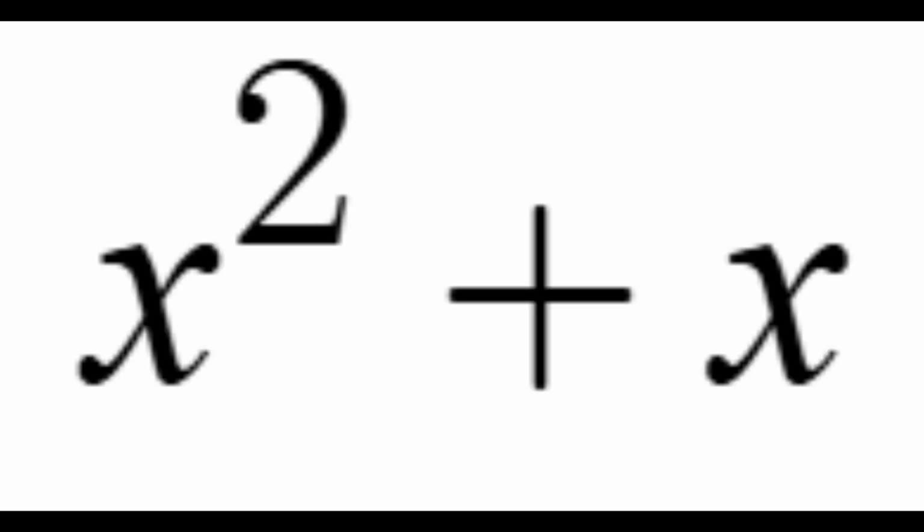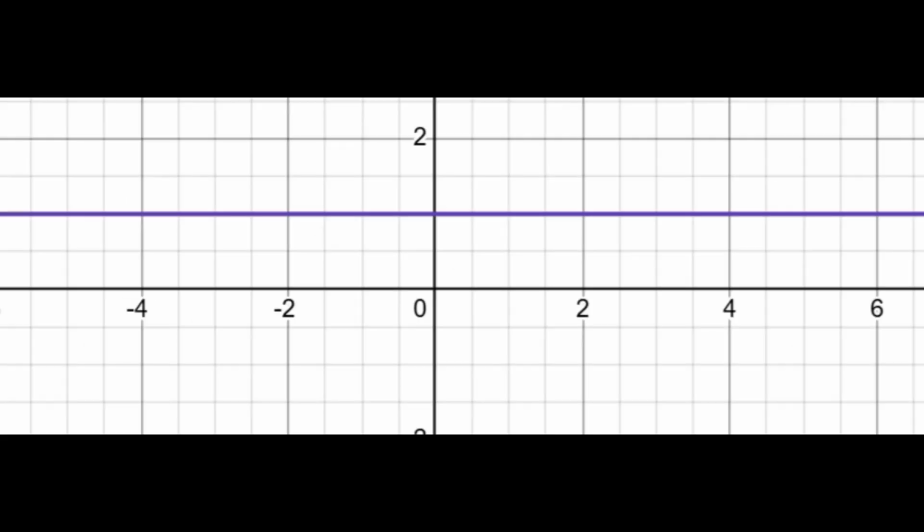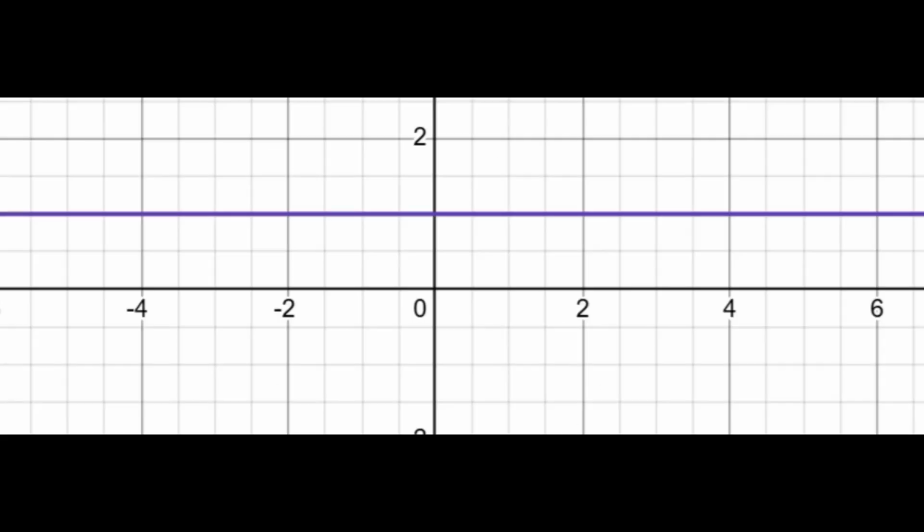Now, if we have multiple terms summed together, the derivative is just the sum of the derivative of each term. For example, x squared plus x's derivative is just 2x plus 1, the derivative of each term added. And lastly, the derivative of a constant like 1 or 29 is just 0, as a straight horizontal line has no slope.